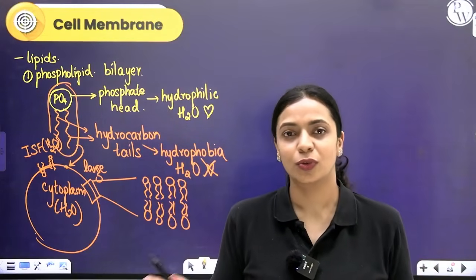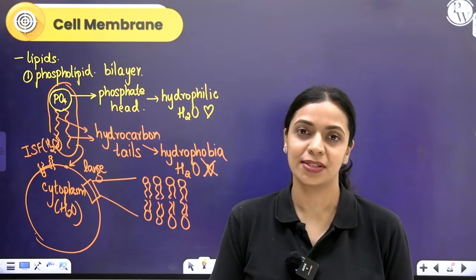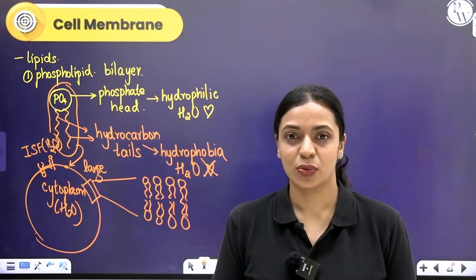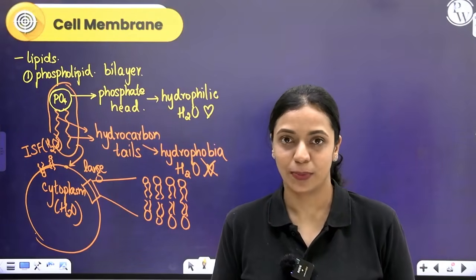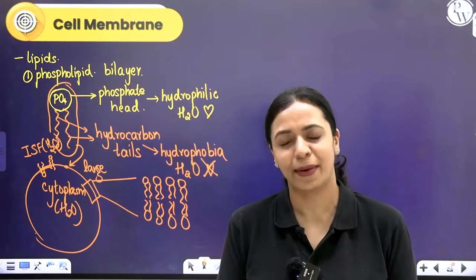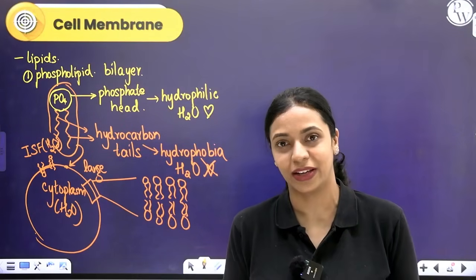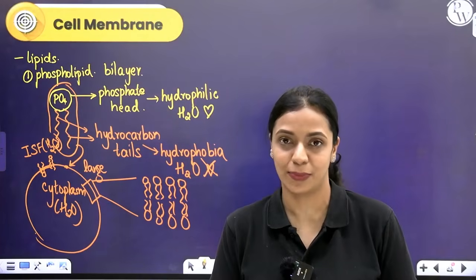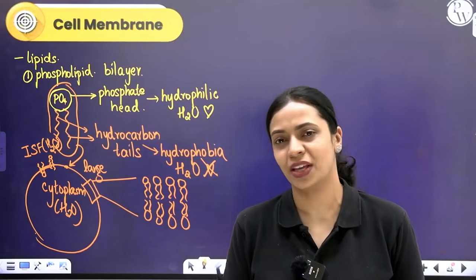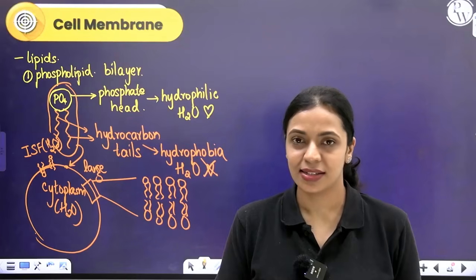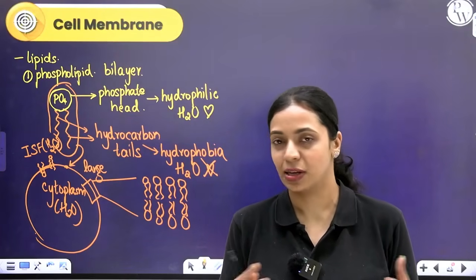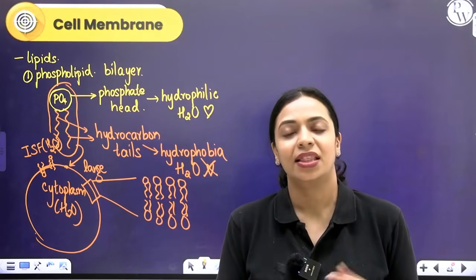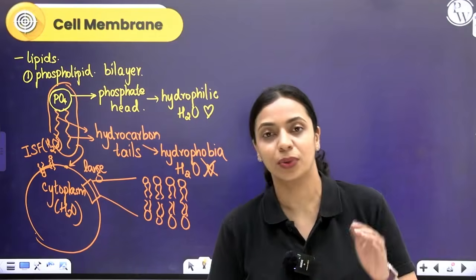How did we get to know that membranes are made up of phospholipids? Earlier investigations were biochemical. Microscopy was not very advanced, so they could not look at the structure of the cell membrane under the electron microscope, but they made biochemical analyses and found out that the plasma membrane is mostly made up of phospholipids, arranged in the form of two layers.